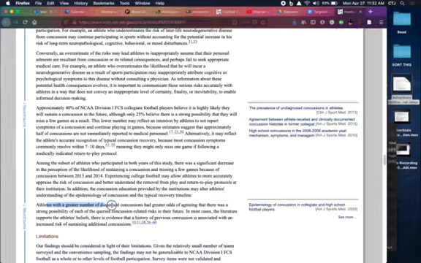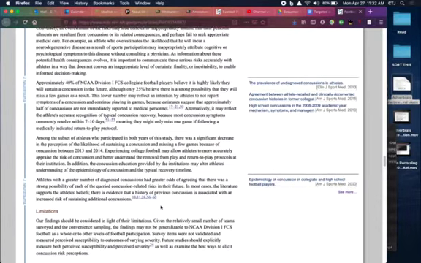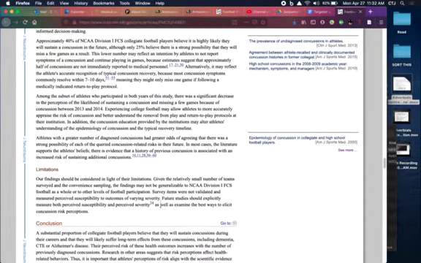Athletes with a greater number of diagnosed concussions had greater odds of agreeing that there was a strong possibility of concussion-related risks in their future. So they think, if I've already had my head bashed in once, it could definitely happen again.